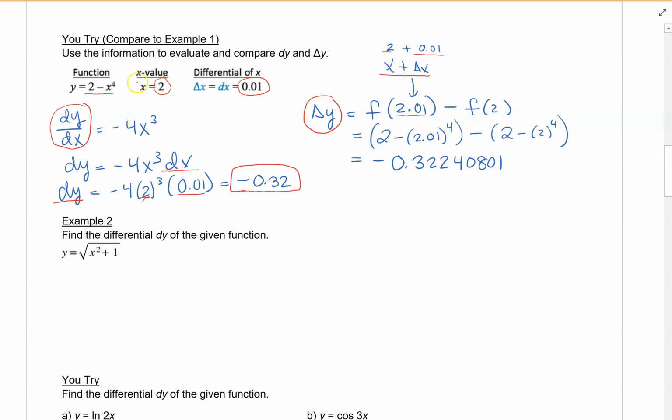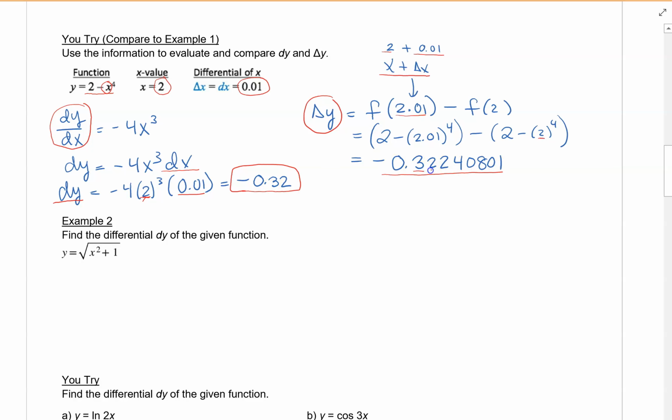When I plug that into my function for x, I got, well, I didn't write down what I got, but when I take that number and subtract what you get when you plug in 2 for x, this is the difference between them. That means this number was lower than this number, so the y value goes down. So x moved to the right 0.01 and y dropped this exact amount.